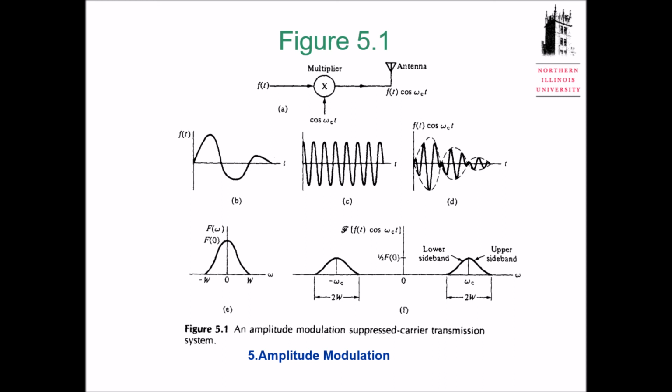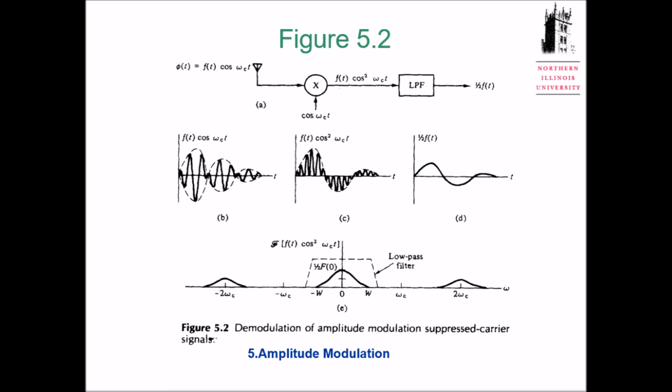We shift it again. If we shift back to omega c, we can recover it, right? So this is actually the fundamental of what we do for demodulation. The received signal will mix with cosine omega c t again.